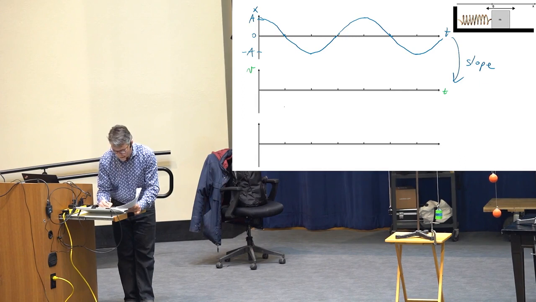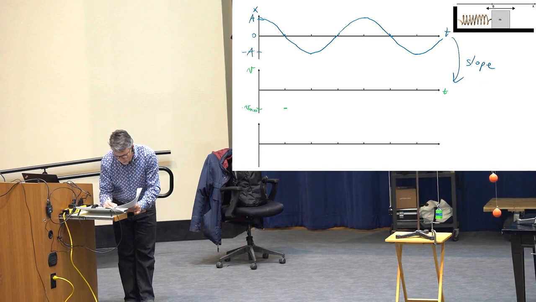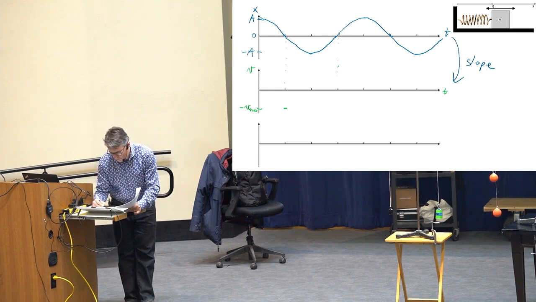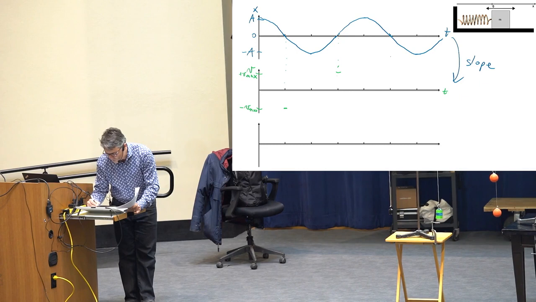So it's going to be its maximum negative, v max here. And then this is its most positive slope right here. So we're going to call plus v max up there. So whenever it passes through the origin is when it's going to have its most velocity.